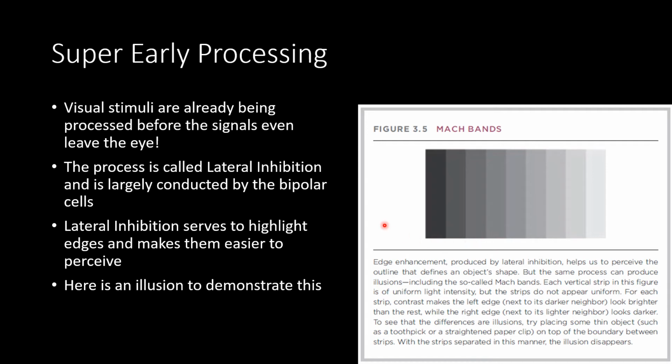I would recommend doing this maybe in your textbook or on a large screen. You'll notice that the side of the bar that's closer to the light one is actually a little bit darker than the same bar's side that's closer to the darker one. And this is an illusion created by the process of lateral inhibition, right? It's ultimately serving to enhance that edge or boundary between these 2 different shaded gray bars.